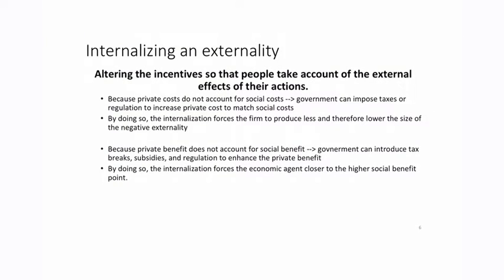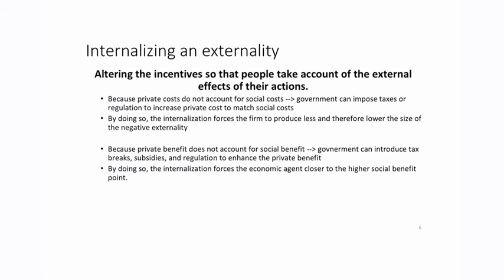Now, the way that the government acts to internalize the externality, or to force the firm to take on the additional cost or to increase the private value closer to the social value, allows market outcomes to be closer to socially beneficial outcomes. So the internalization of an externality alters the incentives so that people can take into account the external effects of their actions.